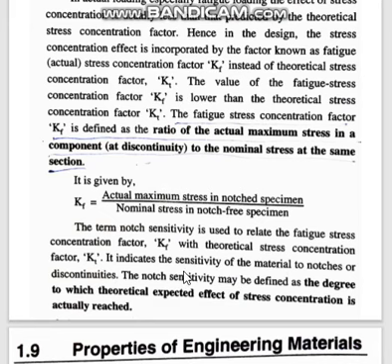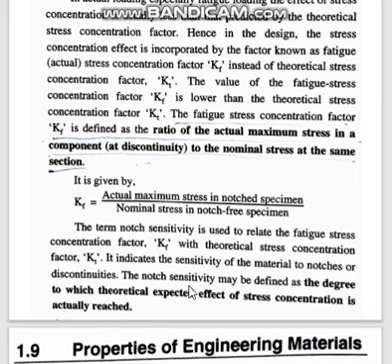Some material may behave in one way and another material may behave differently. We know that every material has its own properties. So if the material that we are going to use for our machine has any notch or discontinuity, how sensitive is that material to these discontinuities? This notch sensitivity gives the indication.